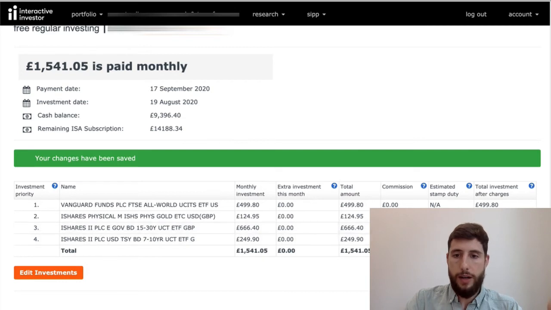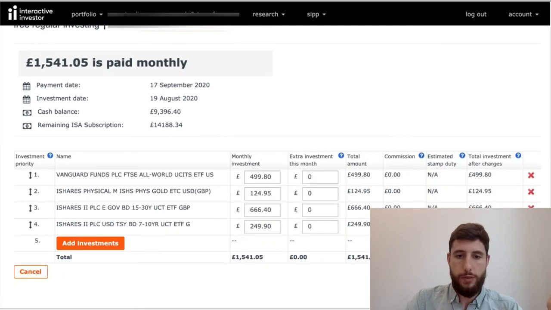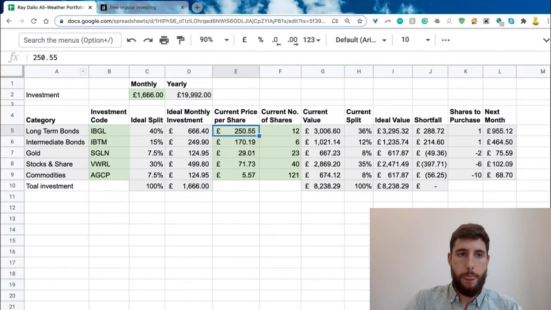Now, how do we actually do this? How do we change it? So if we change it through the regular investing way, and I quite like this because it's nice and neat, it just goes through in the next month. What we do is we put in all the information like we've gone through, and it says, okay, next month you want to be investing, James, £955, okay?